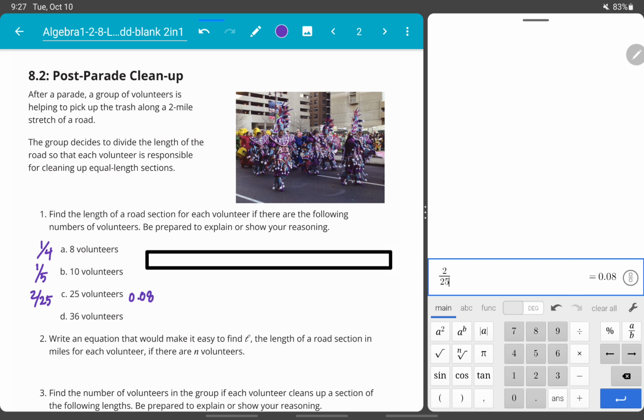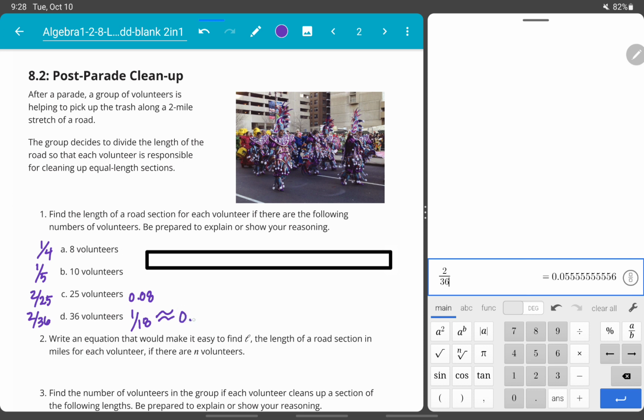And then if we did it amongst 36, it would just be 2 divided by 36, which is the same thing as 1/18 if we reduced it, or we would get about 0.056. So let's do an exact answer. If we simplified it, that's 1/18, and we can round the answer to about 0.056.